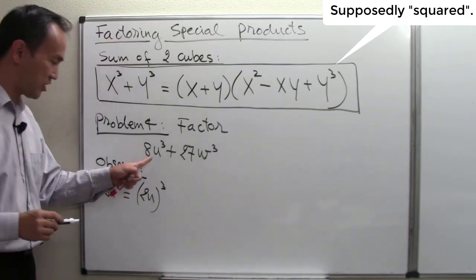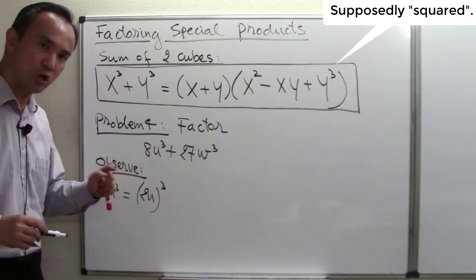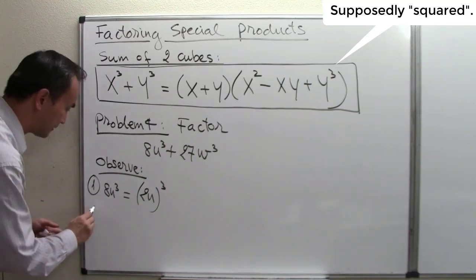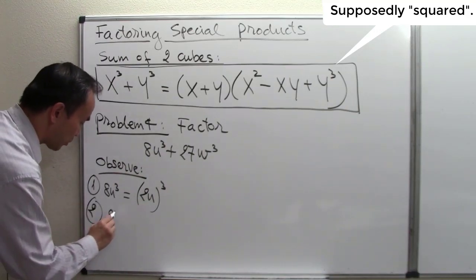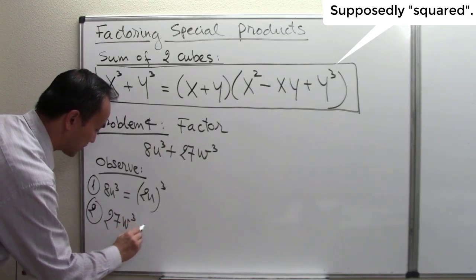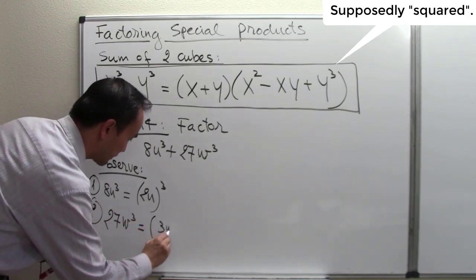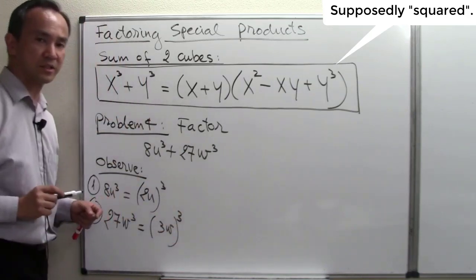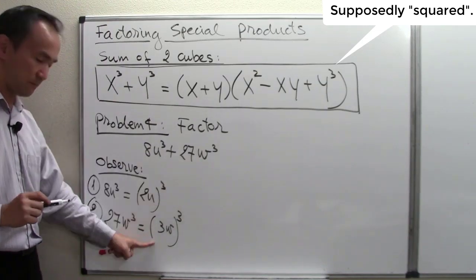So now 8u cubed is realized as a perfect cube. And 27w cubed is understood as 3w all cubed, so it's another perfect cube.